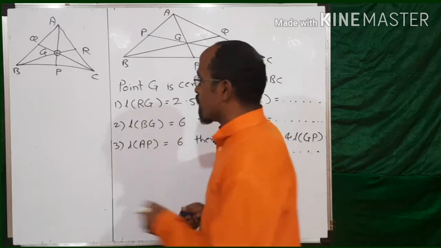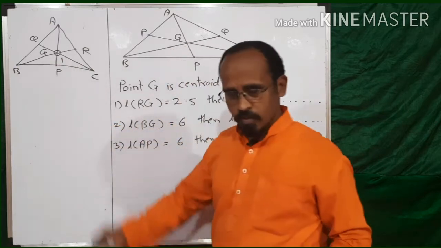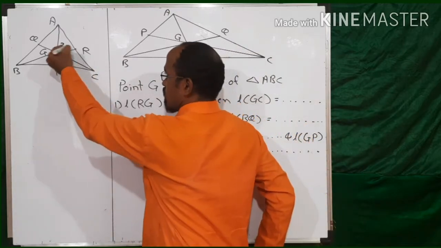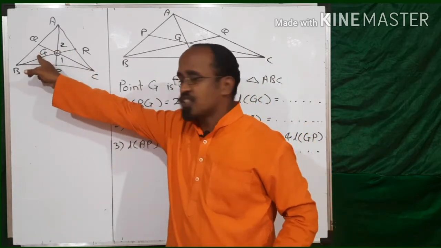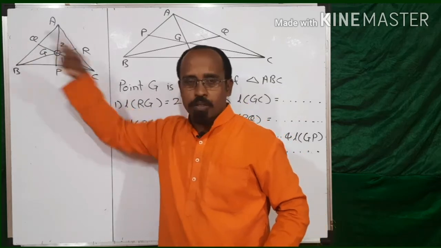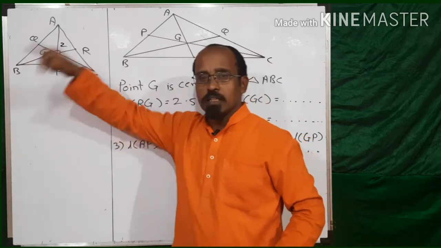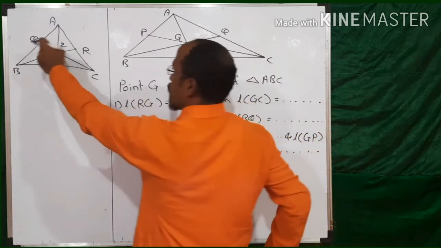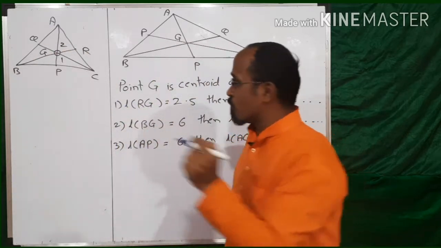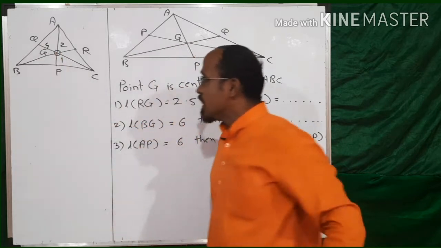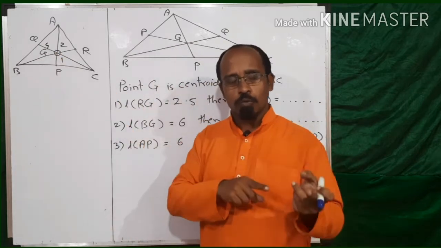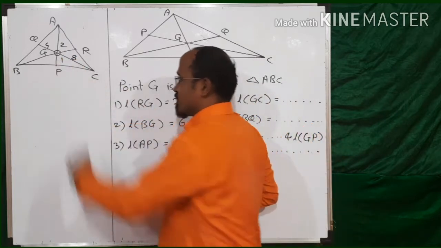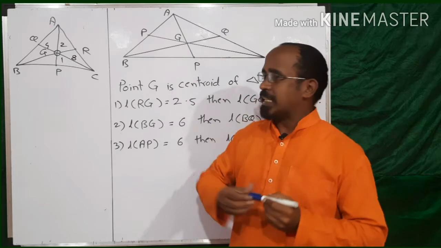Means if GP is 1 unit, which is looking smaller, then AG will be 2 units. Similarly, centroid G has divided median CQ into two parts in the ratio of 1:2. Means if QG is equal to 4 units, then GC will be twice of QG, that is 8 units. Clear, friends?